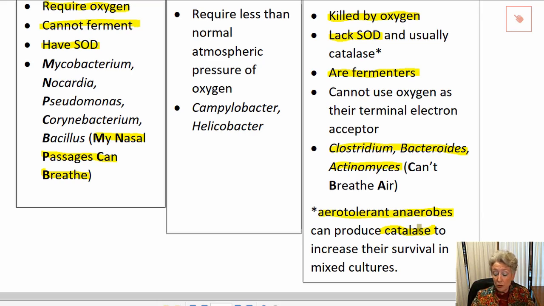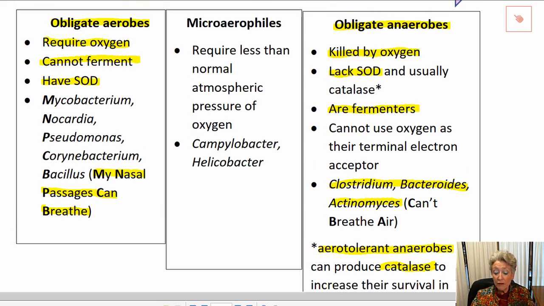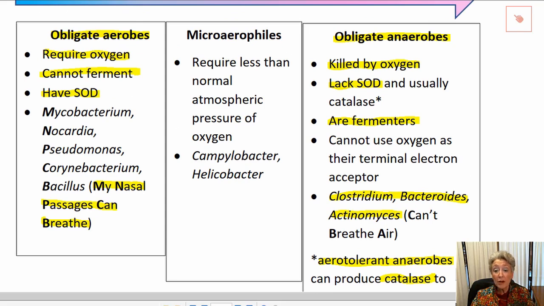Now, those unusual ones, of course, are going to have to be mentioned as requiring something different about the incubator we put them in. And in that same way, the microaerophiles here in the center are said to be microaerophiles because although they use oxygen as their terminal electron acceptor, they require less than the normal atmospheric pressure.